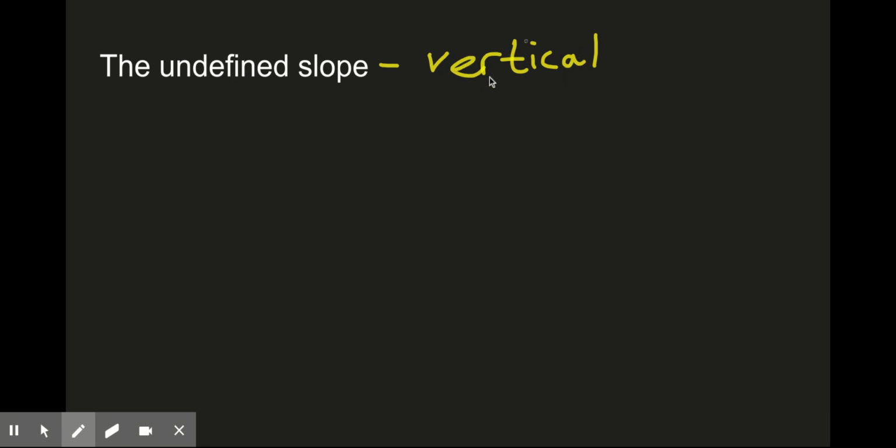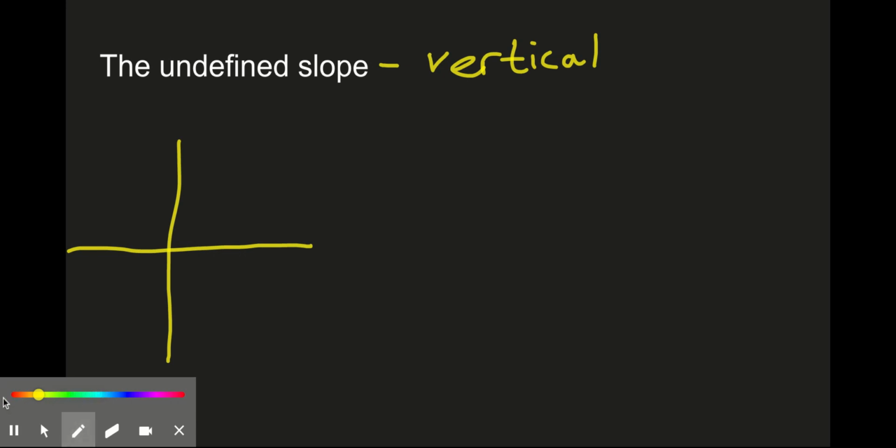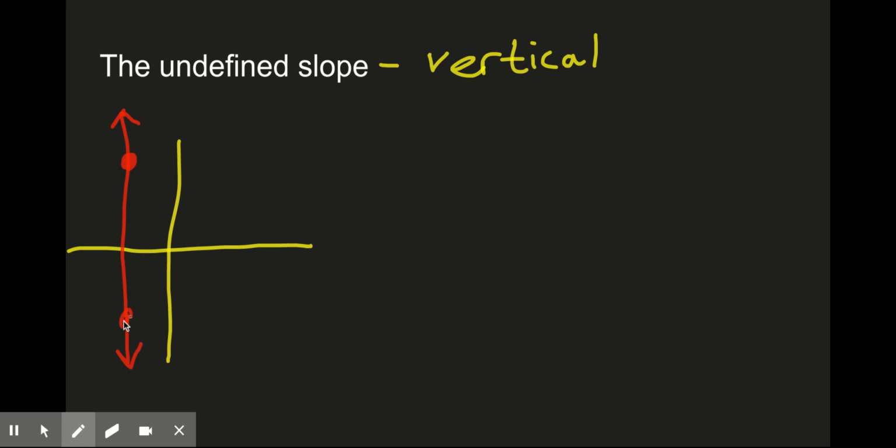Let's think about why a vertical line has an undefined slope. If I draw the situation and I draw a vertical line in here, let's think about what's changing from this point to this point. What's changing isn't the x. I'm never moving left or right. I'm just moving up or down.